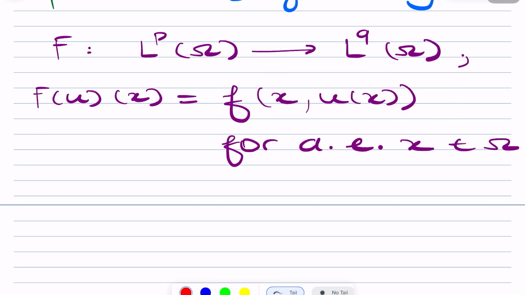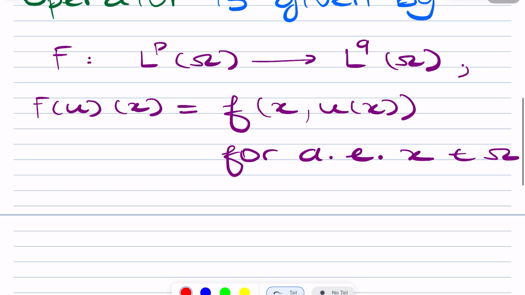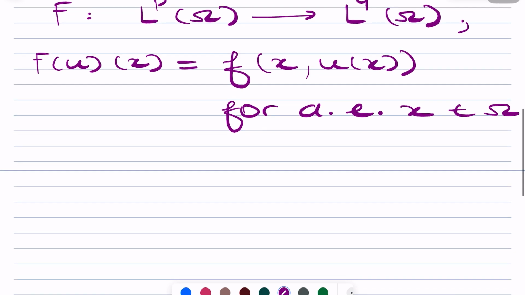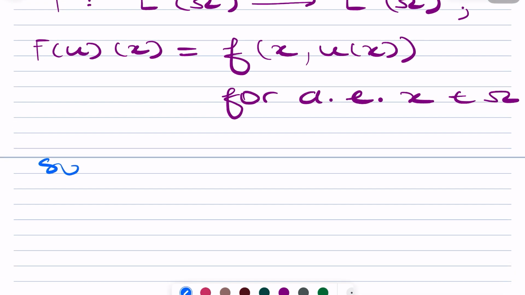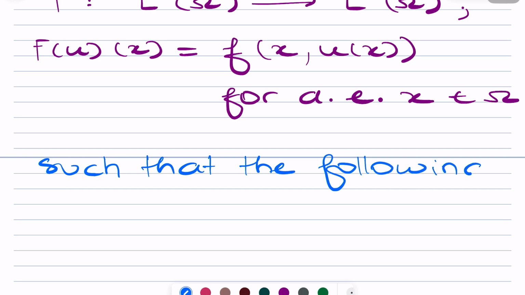Of course, the elegance of the Nemytskii operator is accompanied by conditions. This element should be in L^q of omega, so it should be q-integrable, and we also need measurability. So for this operator capital F to be well defined, we need certain restrictions on little f, such that the following hold.